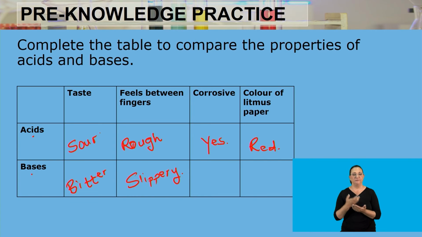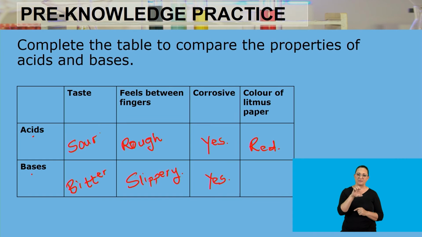And then another one, corrosive. Are bases corrosive? Yes, bases and acids are corrosive. Remember, it depends on the strength of the acid and also the strength of the base. So yes, they are corrosive as well. And then lastly, the color of litmus paper. If you were to dip a litmus paper into a base, it is going to turn blue.